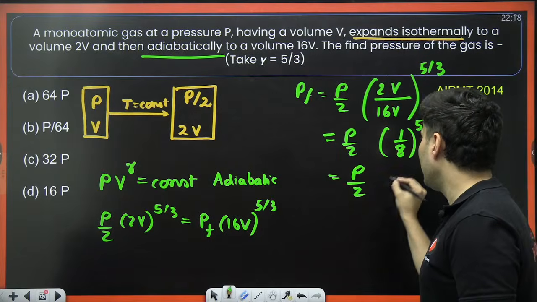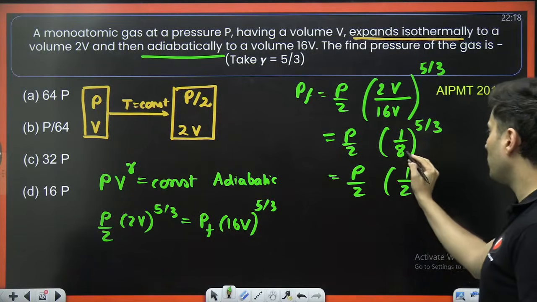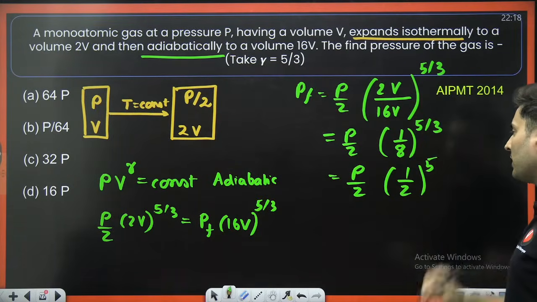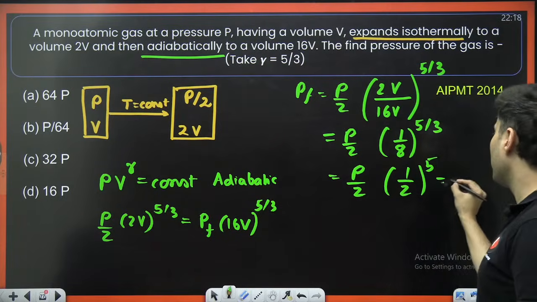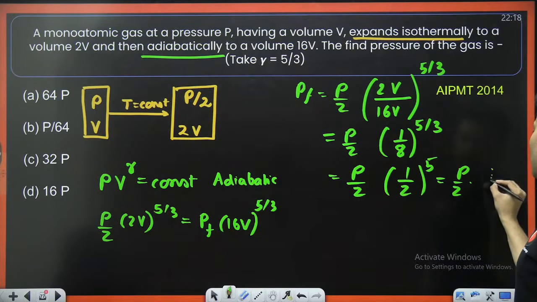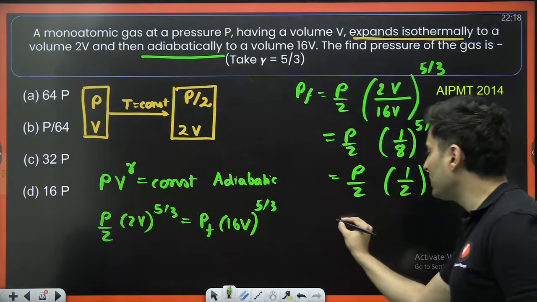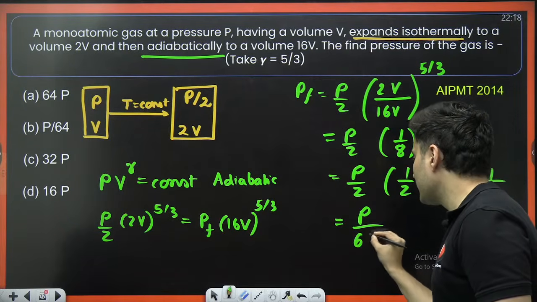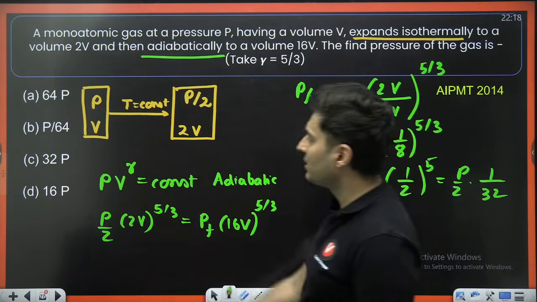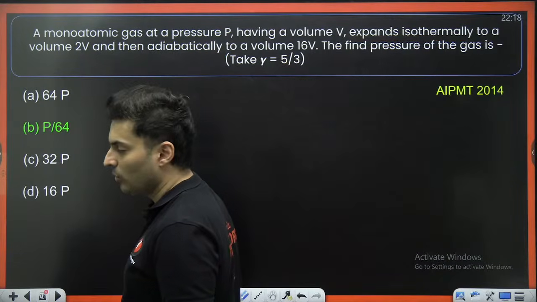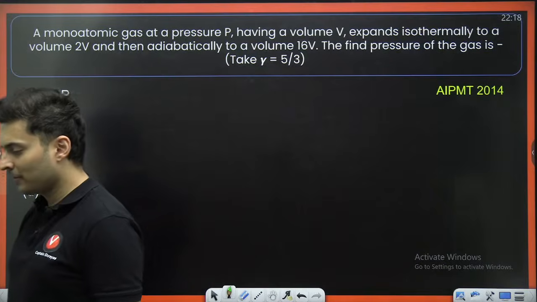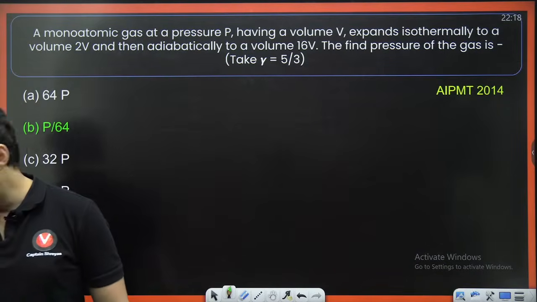The cube root of 8 is 2, so only the power 5 remains. So this will become P by 2 into 1 by 2 raised to 5, which is 32. So this will become P by 64. P by 64 is option B again. Wow, biology is coming again and again. Yes, awesome. B for best doctor.